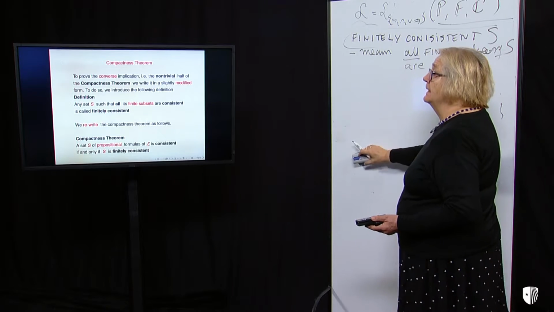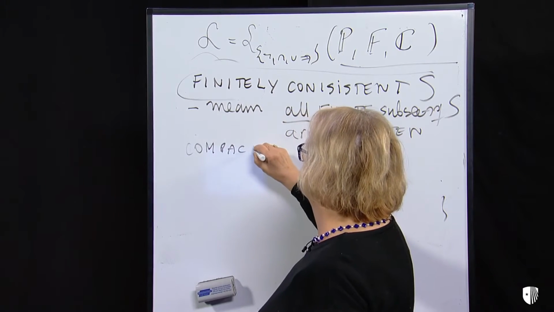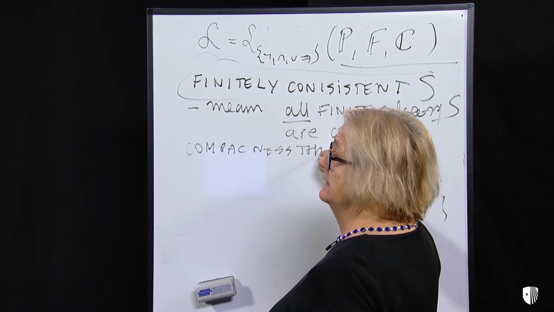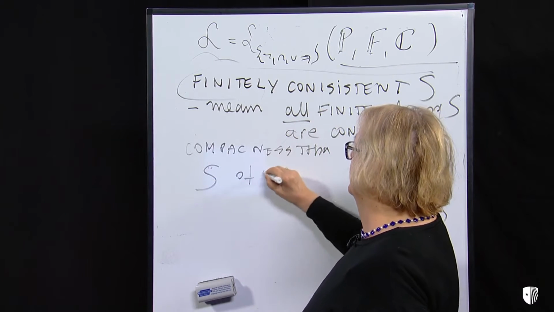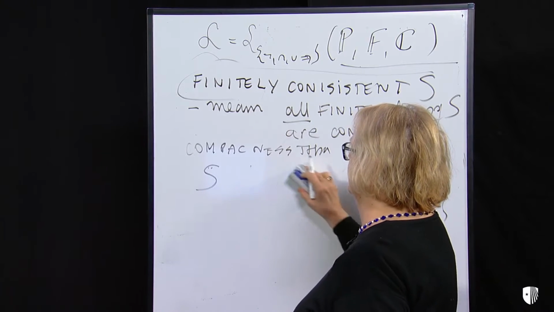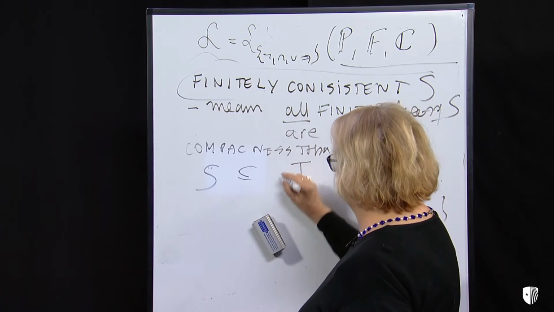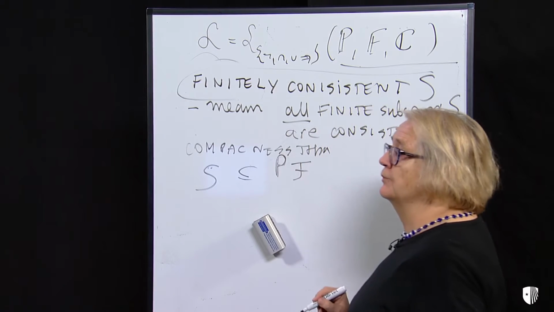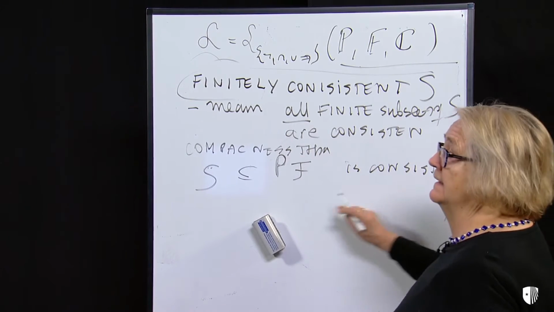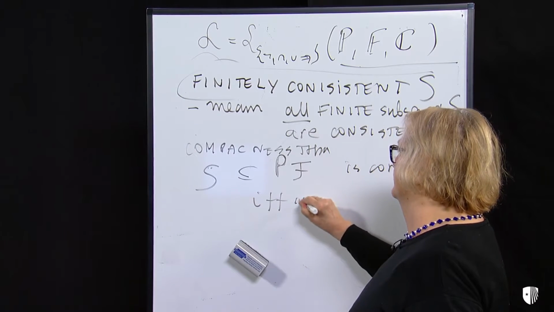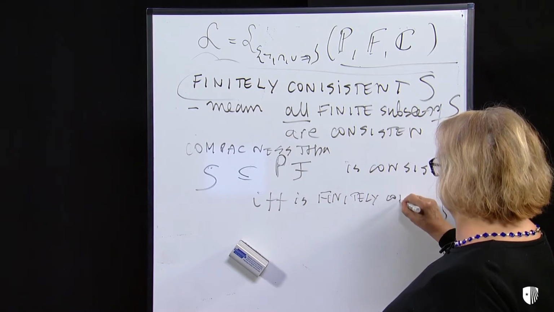So the compactness theorem, which I'm going to prove, is this: a set S, a subset of the propositional formulas P of L, is consistent if and only if it is finitely consistent.